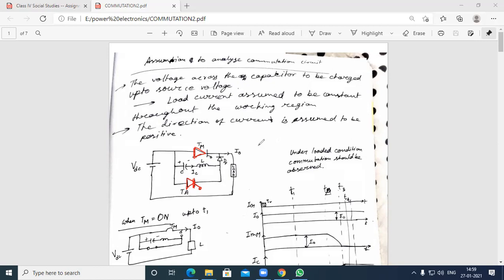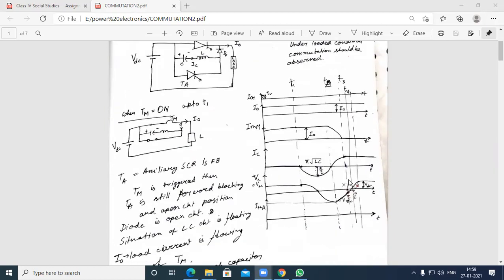Now we will discuss it with the diagram, this waveform. This is the waveform where you can see the current I naught, that is the load current. So constant load current is assumed.